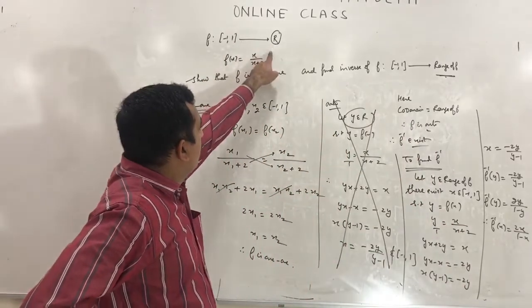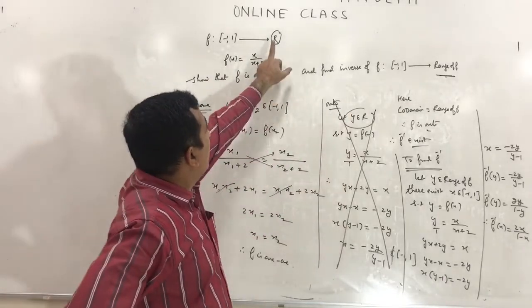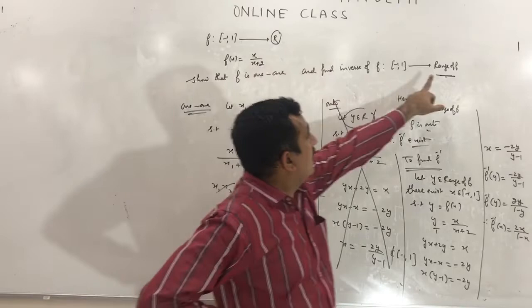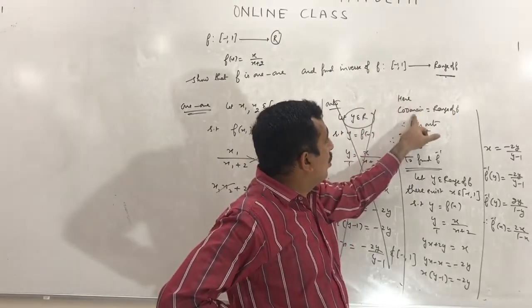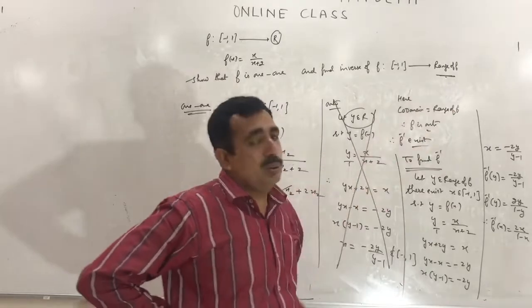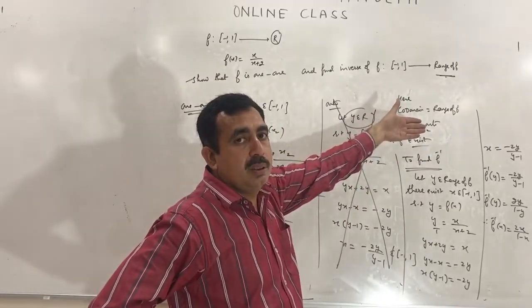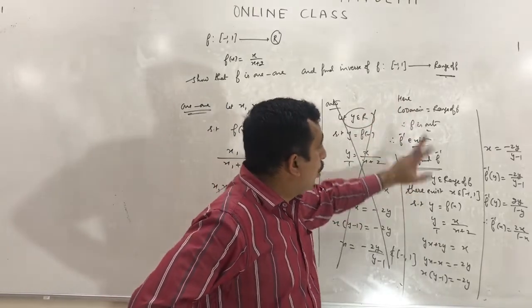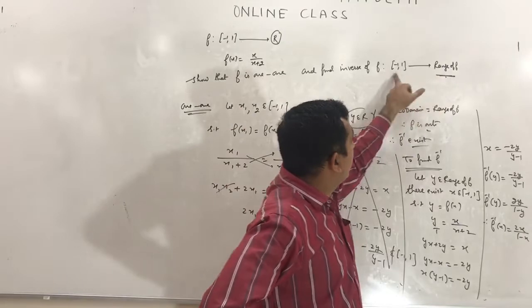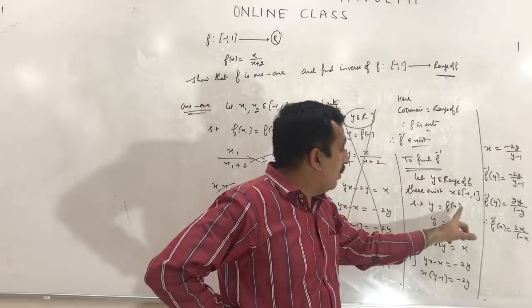This function is one-one but not onto. That's why instead of this codomain he has written this range. So codomain changes to range, and when codomain and range are the same, it is onto. So no need to prove onto. Now we have to find the inverse, and because it is onto, for every y there is x such that y equals f(x).